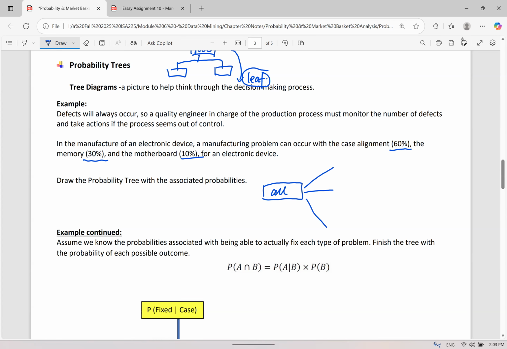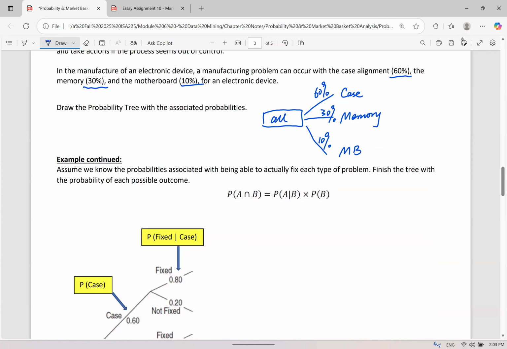Let's start with the highest one: the case alignment problem will be 60%, the memory problem 30%, and the other 10% the motherboard problem. Let's use short forms.